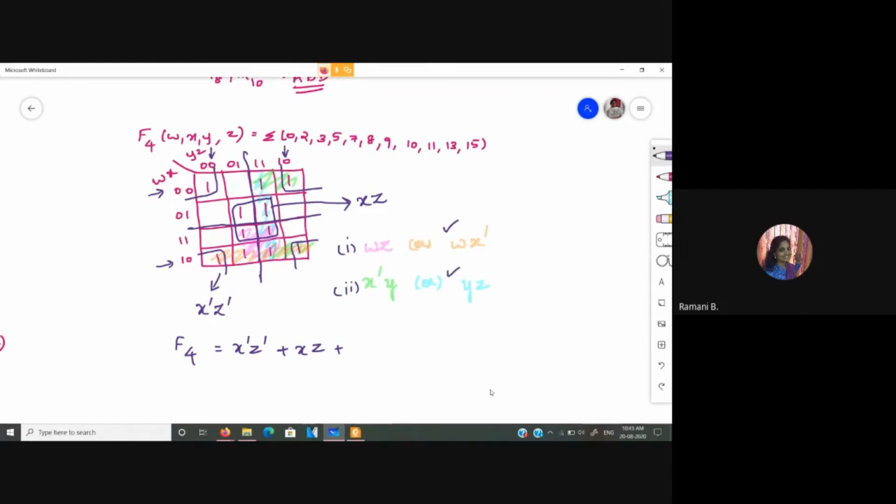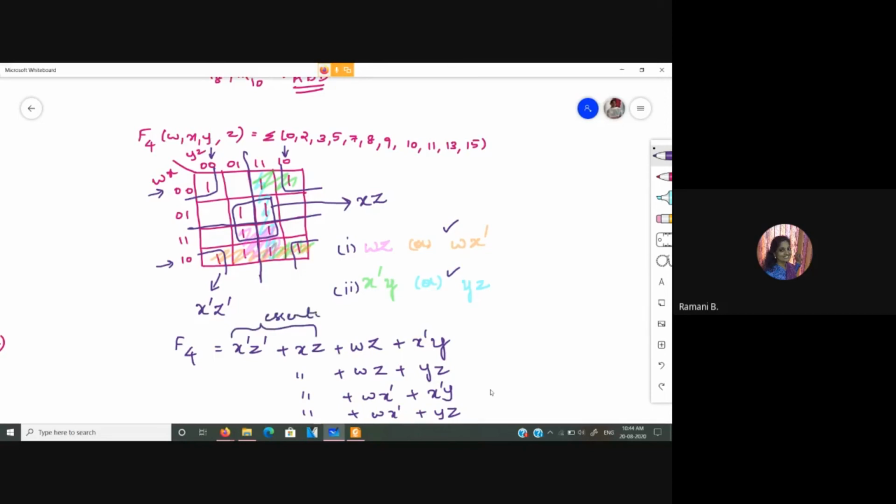So I have possible combinations like wz plus x bar y, or wz plus yz, or wx bar plus x bar y, or wx bar plus yz.